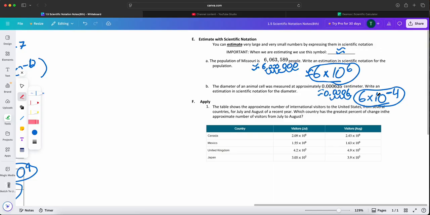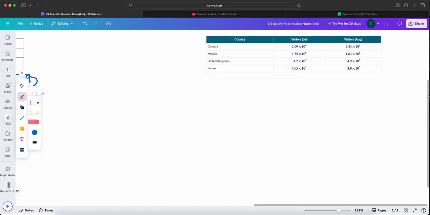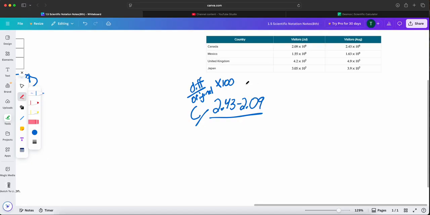So for Canada here, we're going to subtract, because percent of change is the difference divided by original, times 100. So for Canada, we'd subtract our two values, so 2.43 minus 2.09. Since this is between the months of July and August, July would be our original.